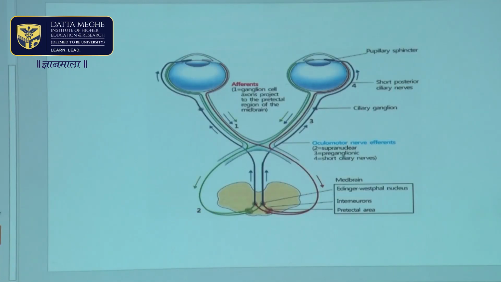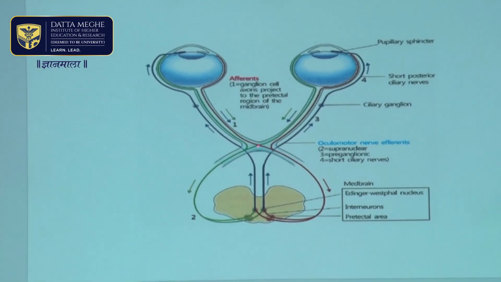So, here you see the pupillary light reaction. The light goes through the pupil, through the lens and falls on the photoreceptors of the retina. These signals go through the optic nerve, the afferent nerve, towards the optic chiasma.